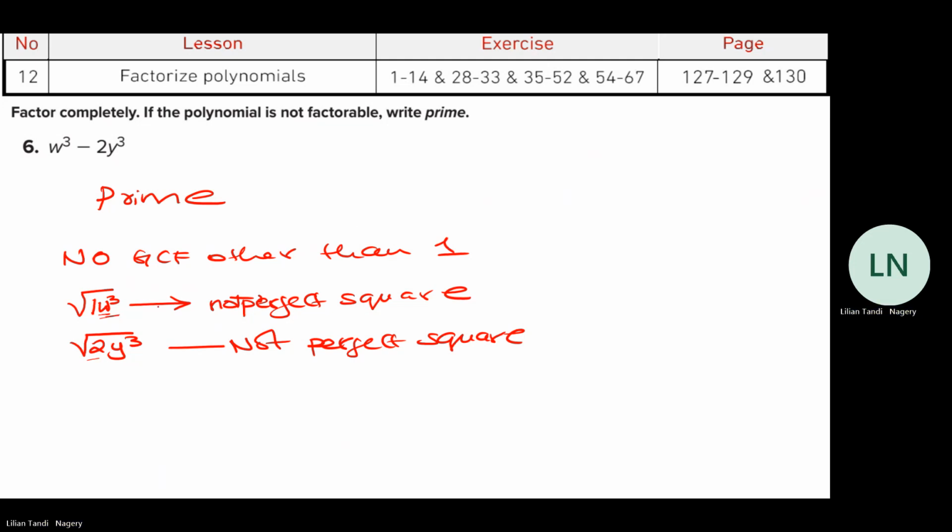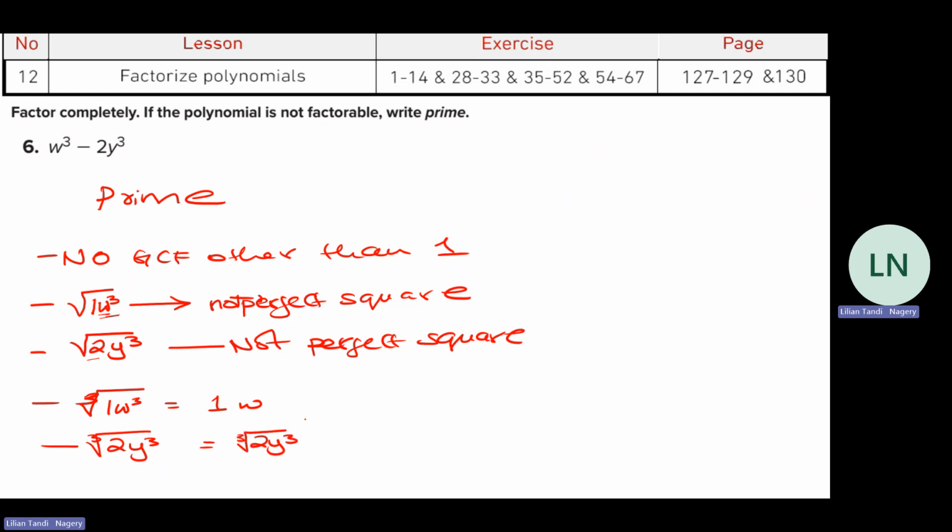Okay. Then we check for cube root. That goes to 1W. And then here, cube root of 2y cubed stays the same because it cannot be simplified.